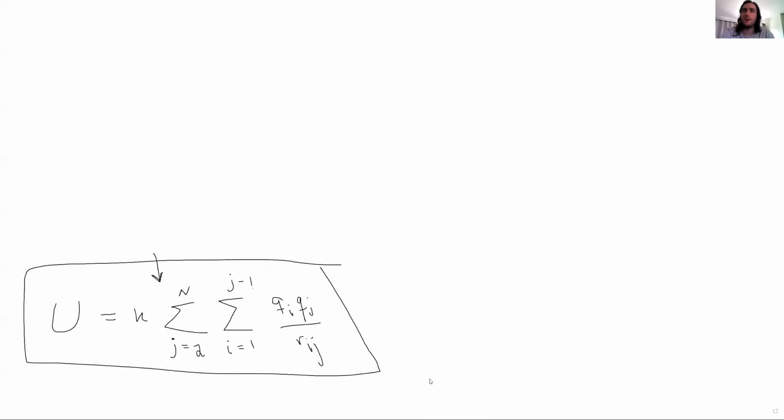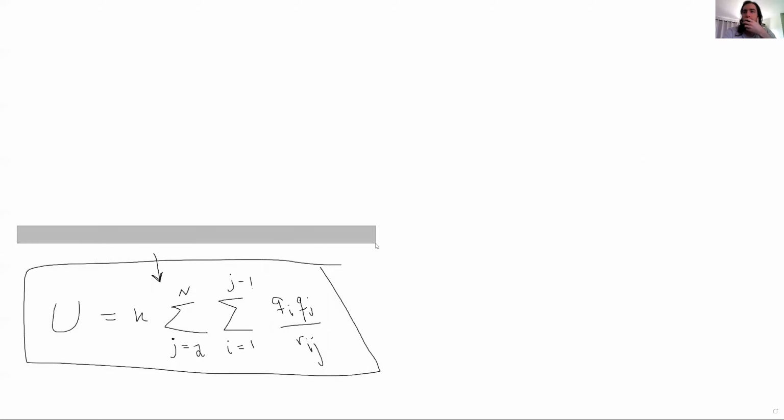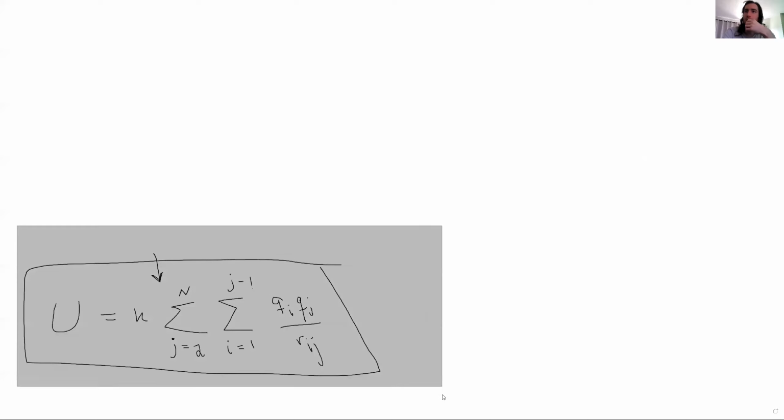Give me a thumbs up if I can erase this, and we can go to electric potential now. Okay, not quite. Okay, I think we're good. All right, so what is electric potential?